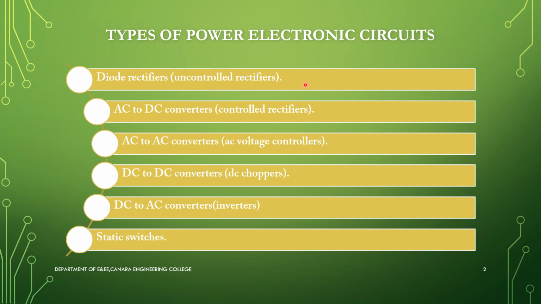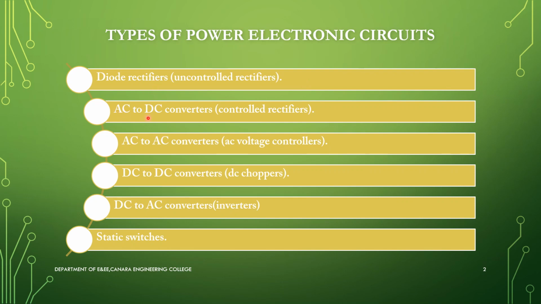Because the rectifier, either it is a half wave, full wave or bridge rectifier, once we give the input to the circuit, the diode will start conducting in case it is forward biased. In case it is reverse biased, that means it is in the off state. We cannot have a control on the turn on or turn off. That's why we call it uncontrolled rectifiers.